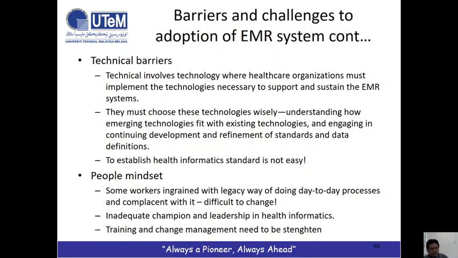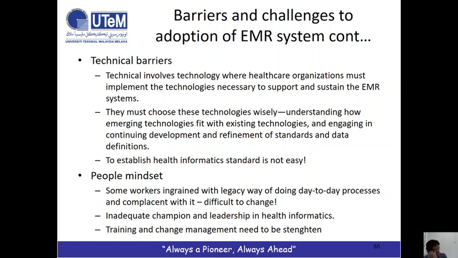So we need to bring the medical people into the training, and hopefully the medical people can provide the training on the system, so the health workers will appreciate it. If ICT people without health informatics knowledge conduct the training and change management, I don't think the health workers will appreciate the training and the change management program.